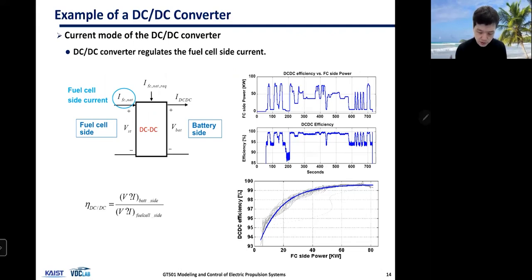And this is an example of what DC-DC converter efficiency looks like and how it's used.